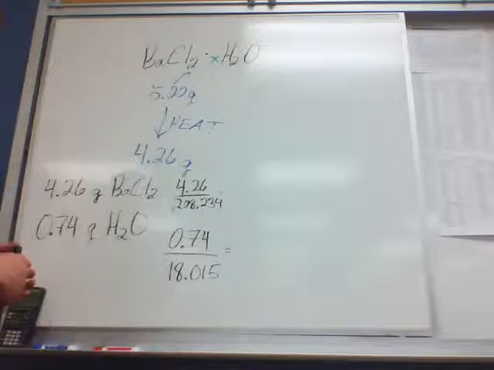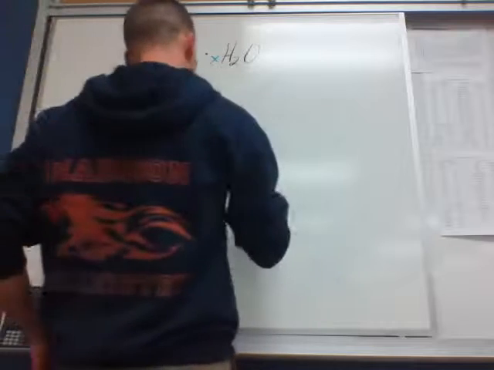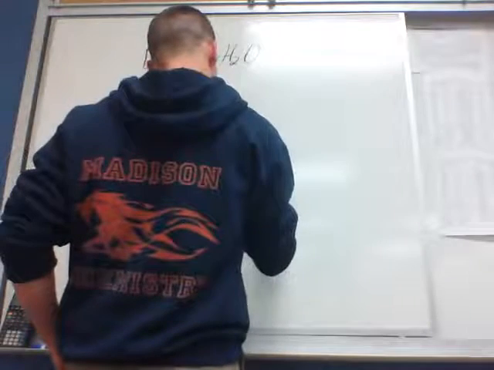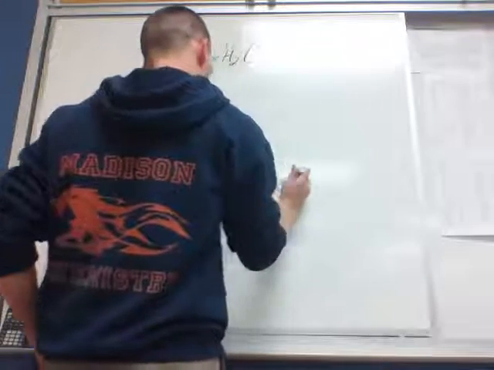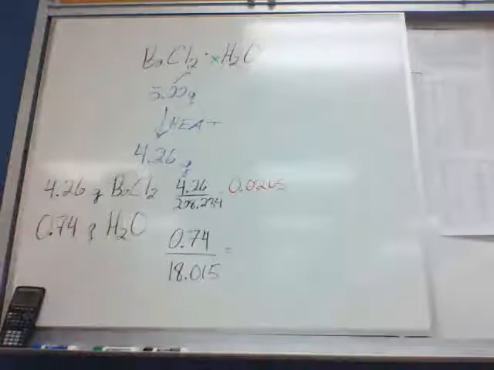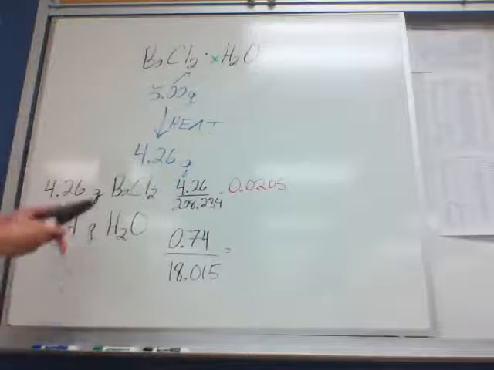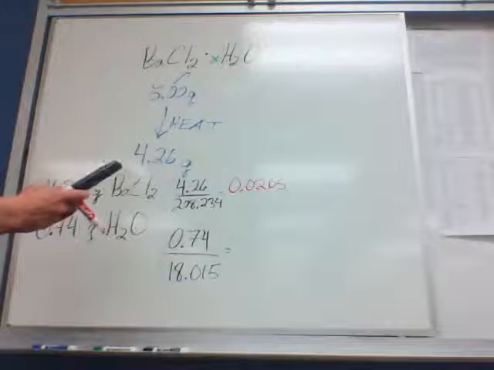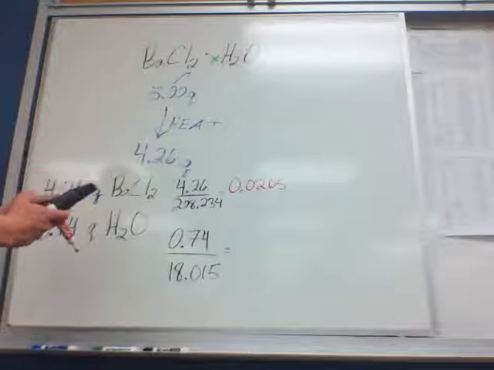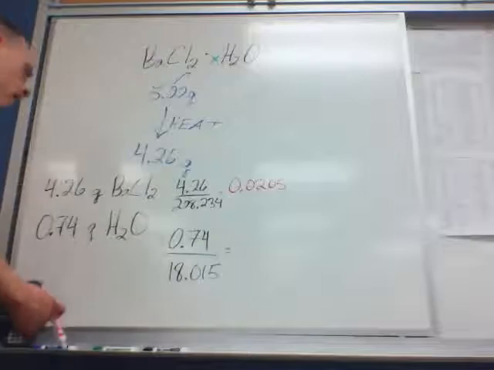I get 0.0205. When I divide the bottom, 0.74 divided by 18.015, I get 0.0411.